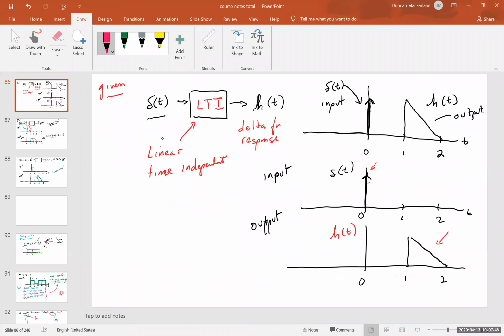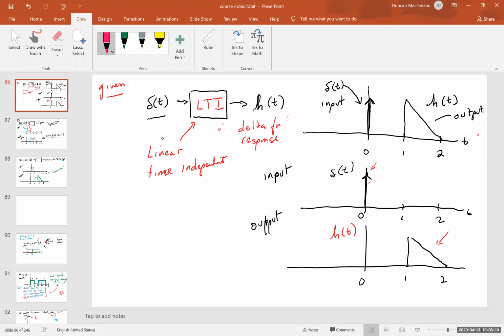And what we did was we talked about a delta function into a system producing a delta function response h of t. And so remember I used that h of t? Well, that's an example of an h of t. A delta function response is an h of t. If I express a delta function response in frequency, then I have capital H of omega.